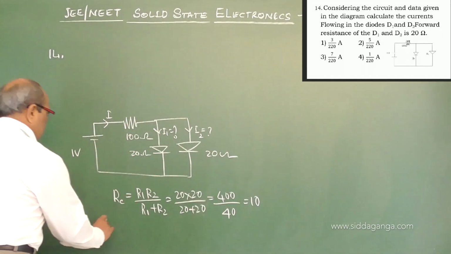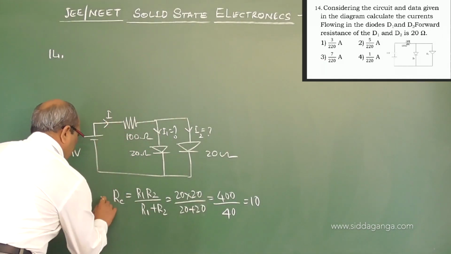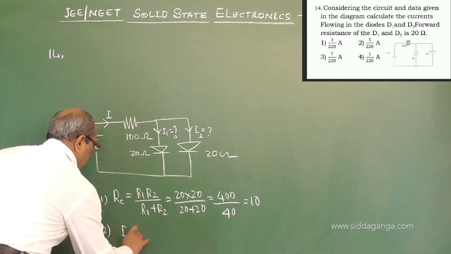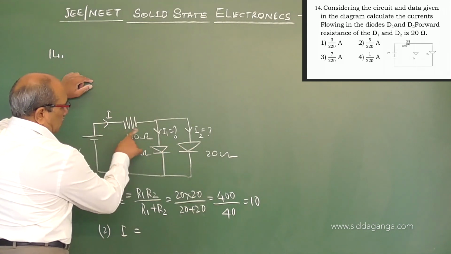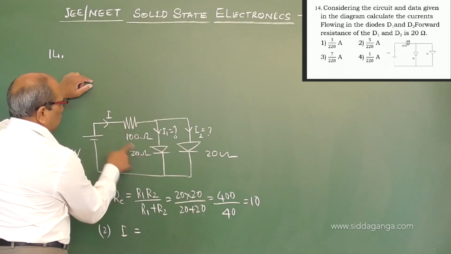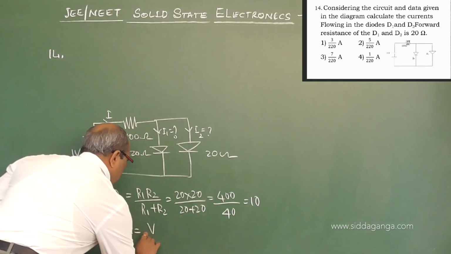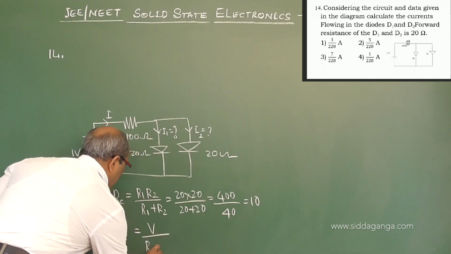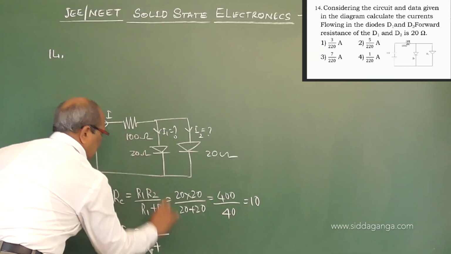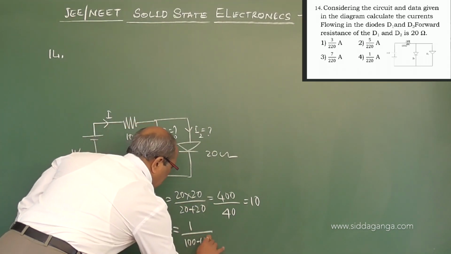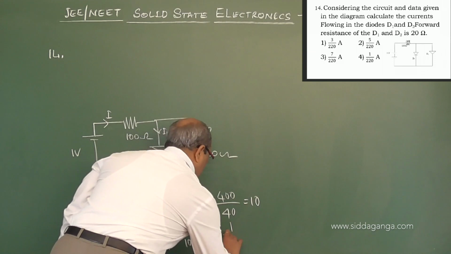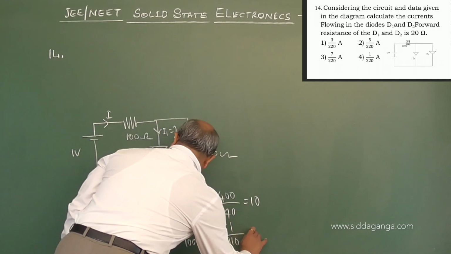Total resistance is 10 plus 100. The main current is V divided by the effective resistance plus the series resistance: 1 by 100 plus 10, which becomes 1 by 110 ampere.